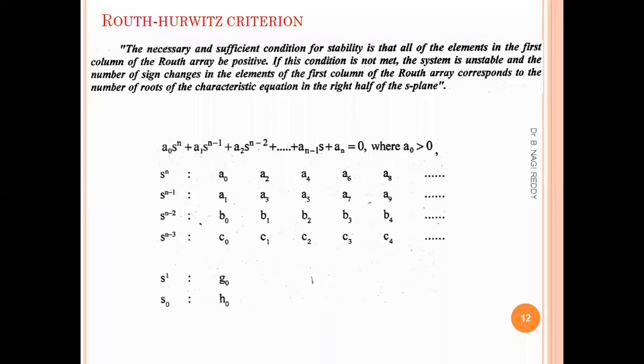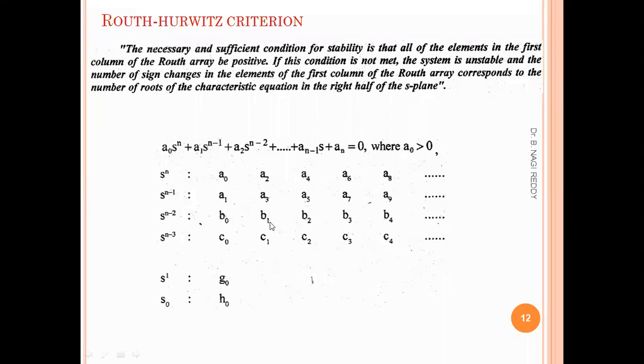Okay, so according to this Routh-Hurwitz criteria, the necessary and sufficient condition for stability is that all the elements of the first column, you can see this is the characteristic equation, right? This is the basic representation, or matrix representation, of Routh-Hurwitz criteria.